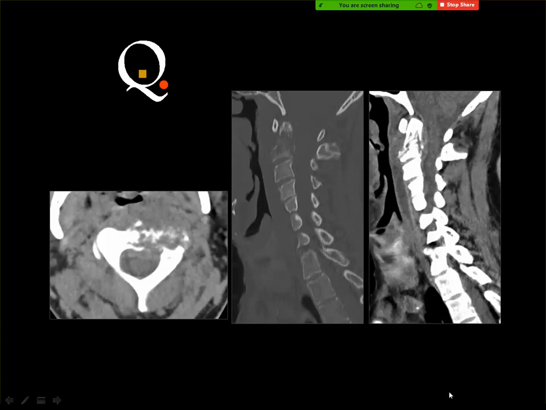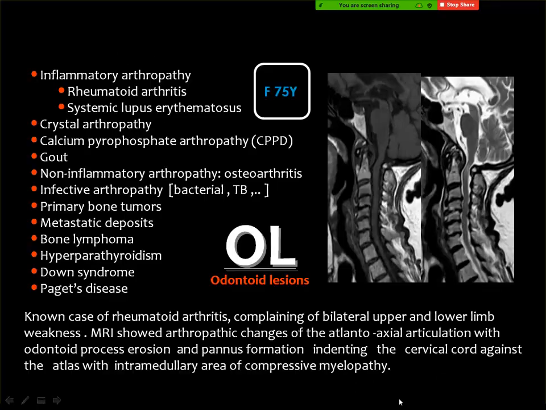Osteoblastoma. No, osteoblastoma is a benign lesion with a sclerotic margin and expanding appearance. But this is a destructive lesion in the odontoid process. Osteosarcoma, chondrosarcoma. Okay, and this is an odontoid lesion, and this is the differential diagnosis of odontoid lesion.